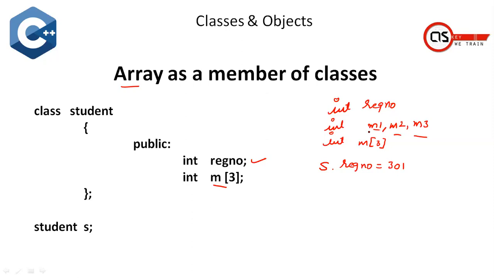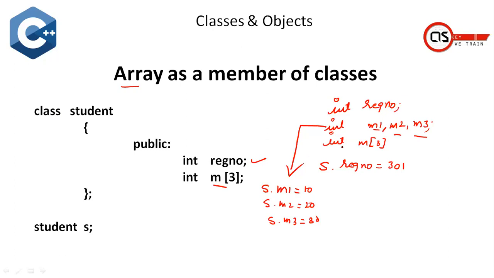If I don't declare it as an array, I have to write S dot M1 is equal to 10, S dot M2 is equal to 20, S dot M3 is equal to 30. This is what we write when we declare our members M1, M2, M3 separately.